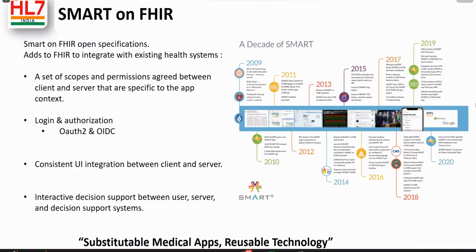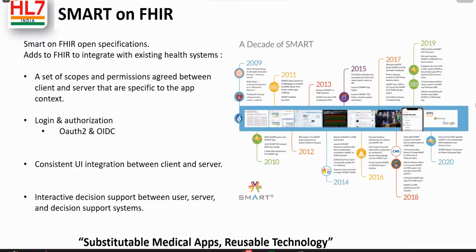It talks about the scopes that are permissible, right? What are the scopes? So there are various scopes like patient scope, user scope, practitioner scope. So there are different scopes, and for each scope, there are different access privileges, right? So Smart defines those scopes and also says, for each scope, what are the permissions available?